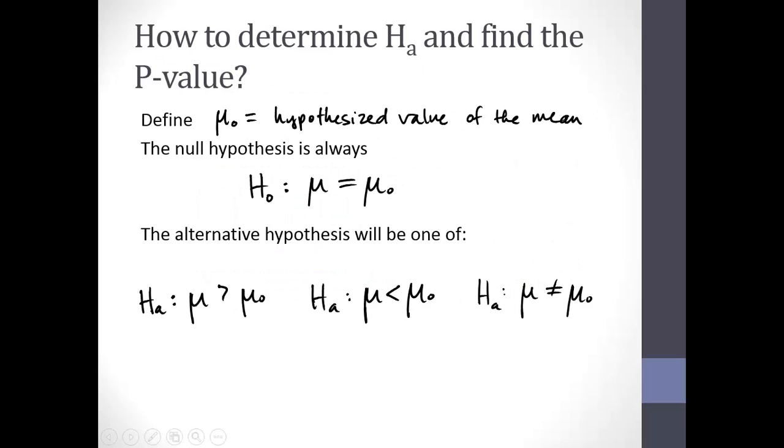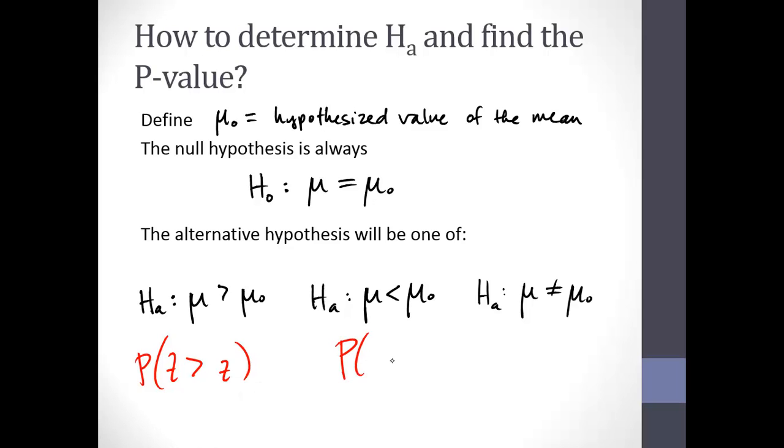And the p-value that we're going to calculate here, so the p-value for this hypothesis is going to be the probability that capital Z is greater than little z, which is our test statistic.